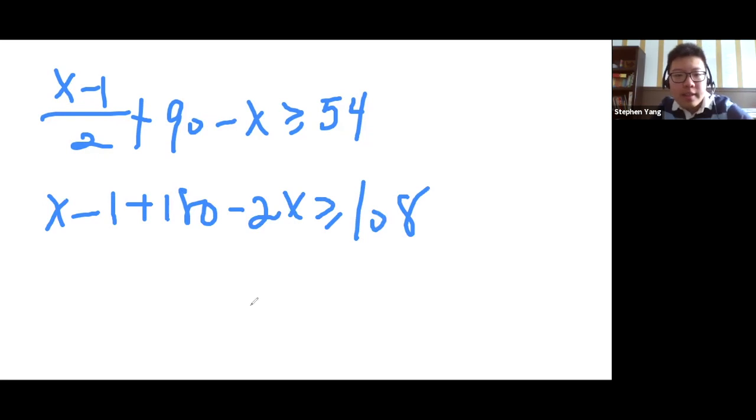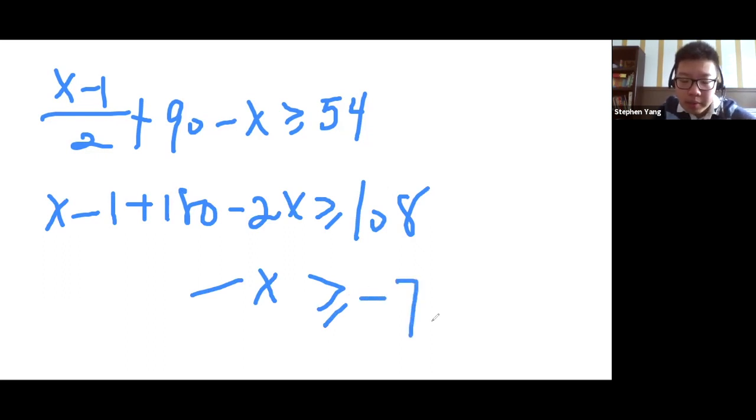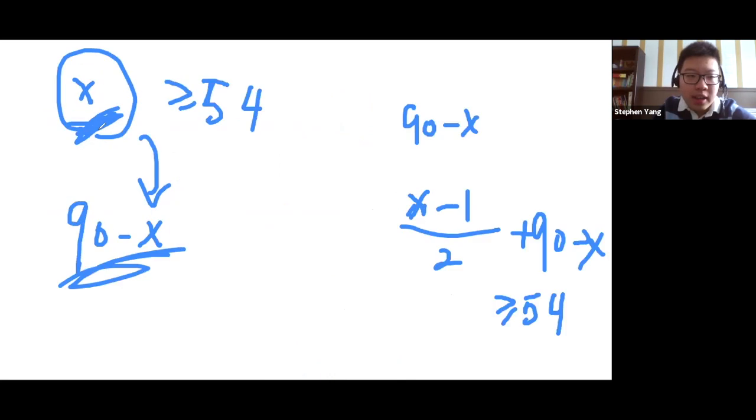Then over here, negative X is greater than or equal to 108 minus 180 plus 1, so negative 71. And then we'll have X is less than or equal to 71, which means there are at most 71 people with a score greater than or equal to 54. So our answer should be 71.